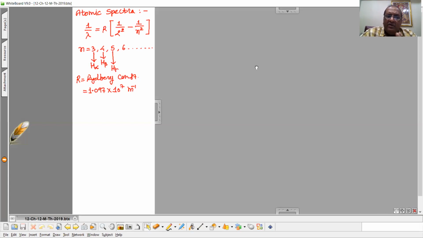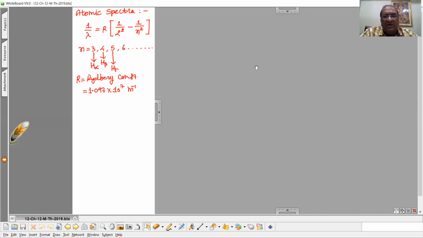So he observed in this atomic spectra line spectra. Are you clear about the continuous spectra and line spectra? Yes or no? Yes, sir. Good.